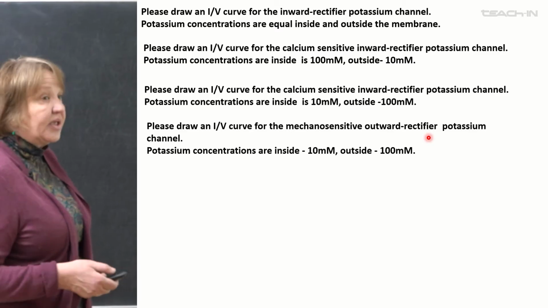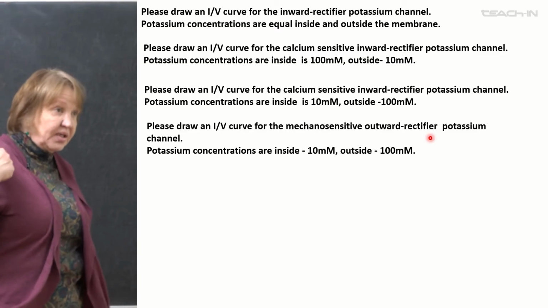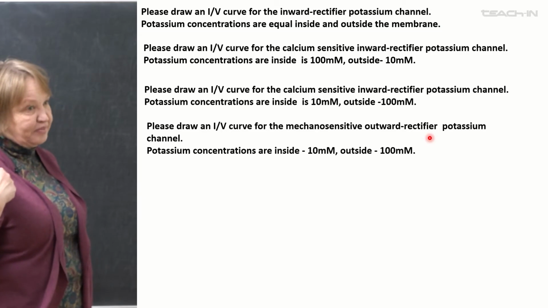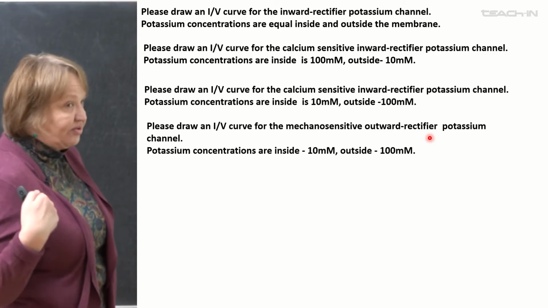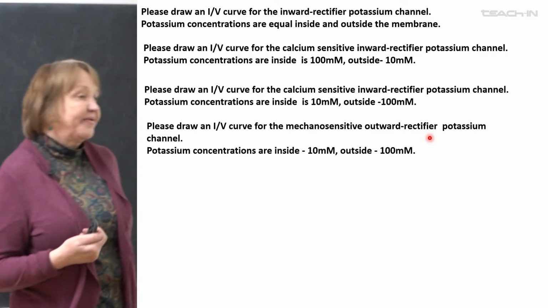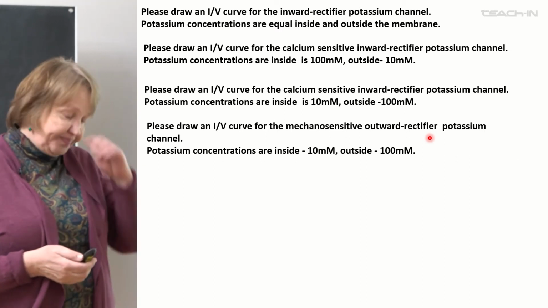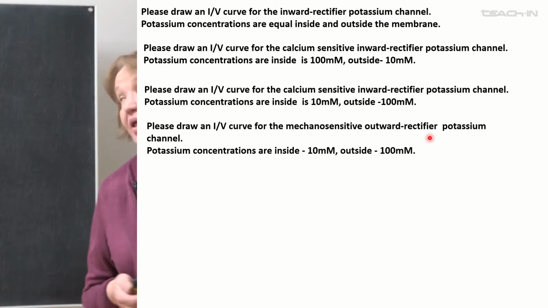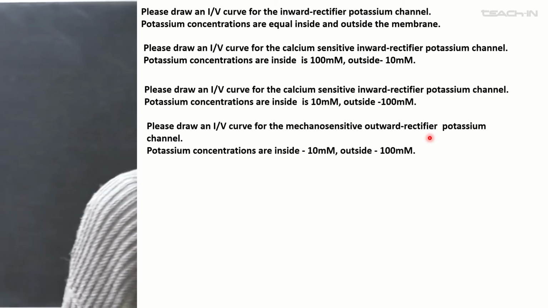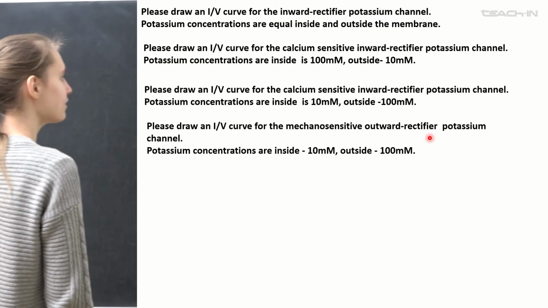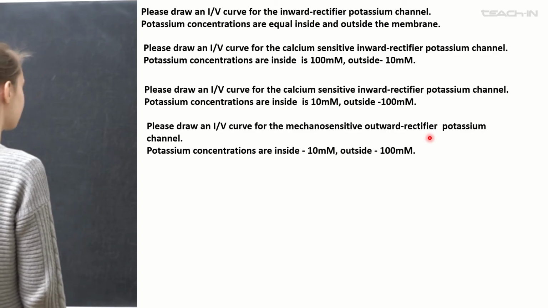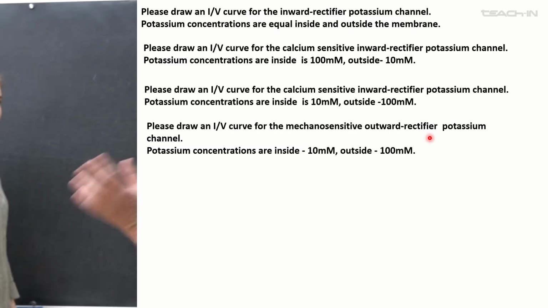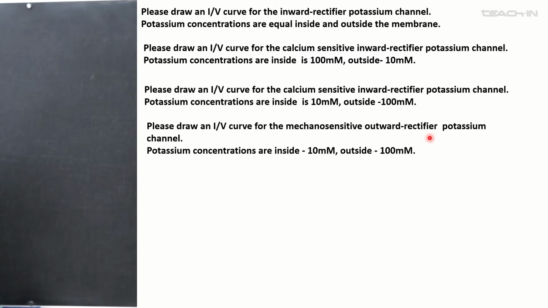So can you come here, please? You both, actually, please. So can you please quickly draw an IV curve for an inward rectifying potassium channel, where the concentration is the same on both sides, and where concentration is higher outside.